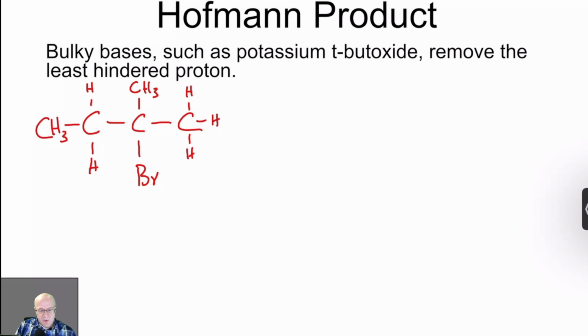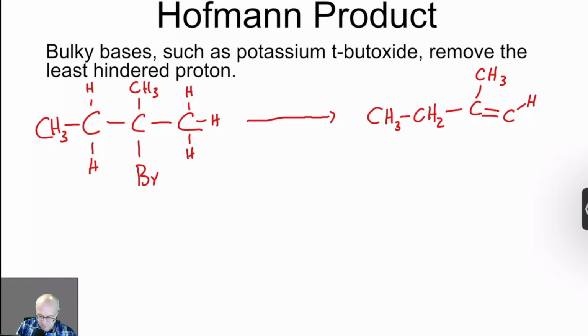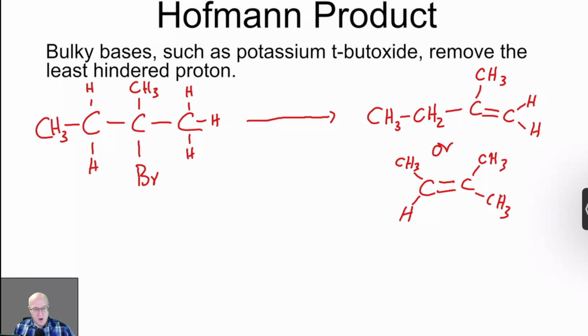So now let's imagine we have this molecule here, and we're going to do an E2 on this molecule. If we do an E2 on this molecule, there's potential for two different products. There's potential for this product, or we could also form this one, the most substituted double bond.